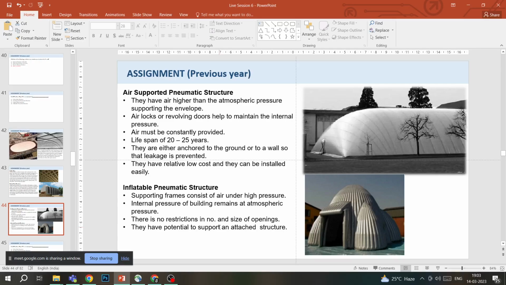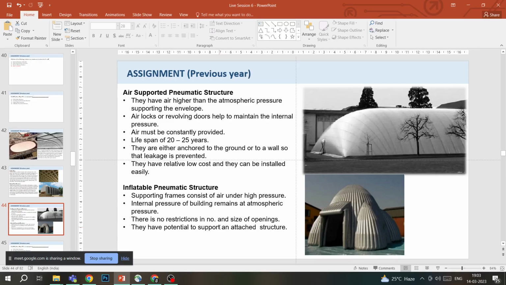So the internal pressure of the building remains at atmospheric pressure. The inside of the building does not have to be at higher pressure, because the envelope is filled with the high pressure air. So the inside of the building is at atmospheric pressure, just like the outside.